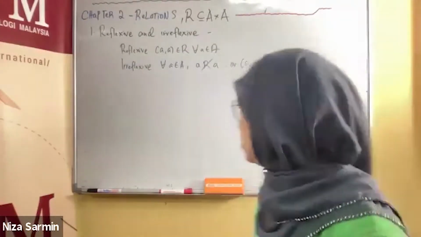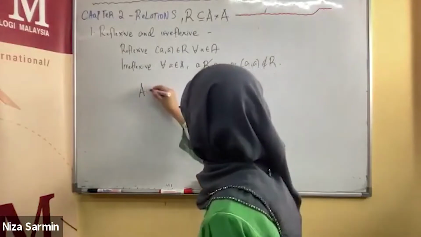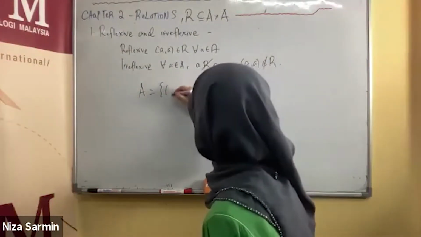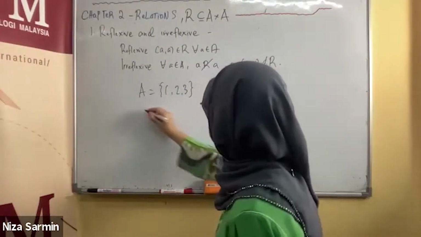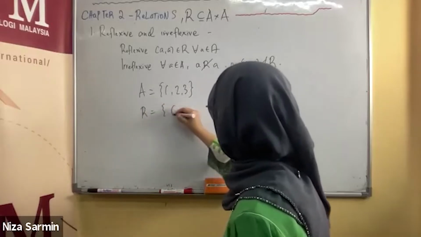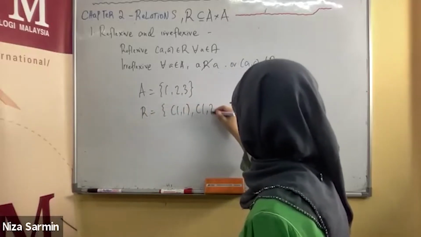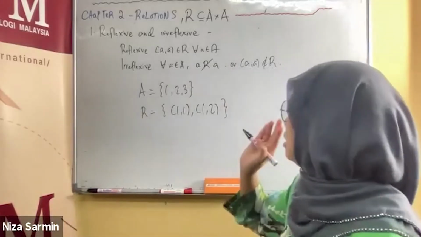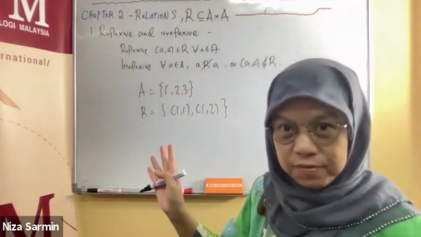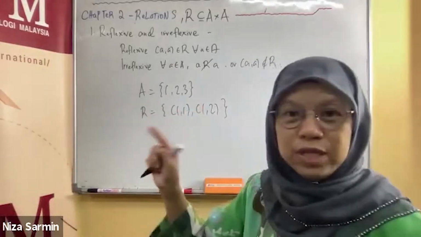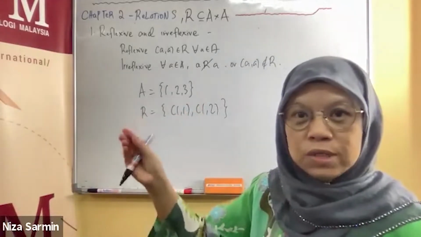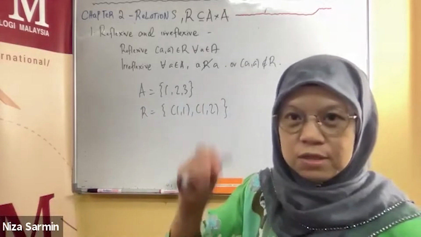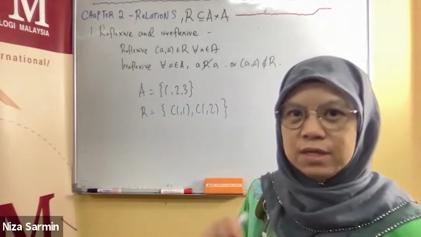If you have something like this. Right? So this is not reflexive because you don't have (2, 2), (3, 3). You always have to have a reason there. If you answer any question, you have to have a reason.